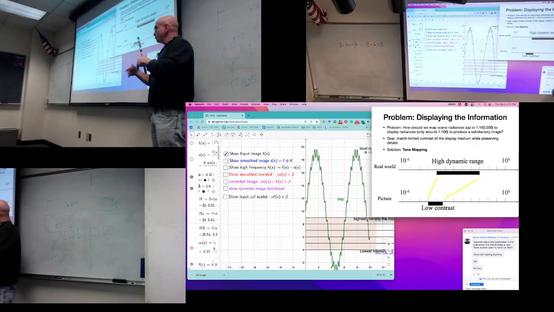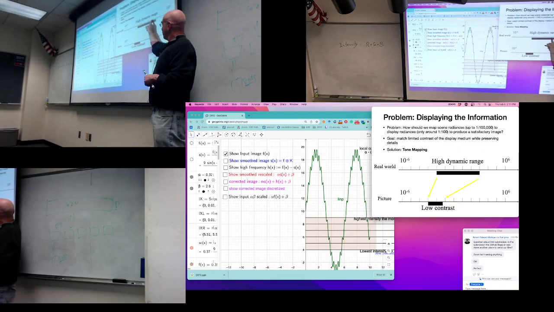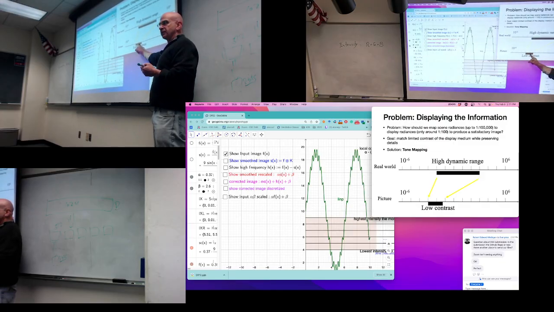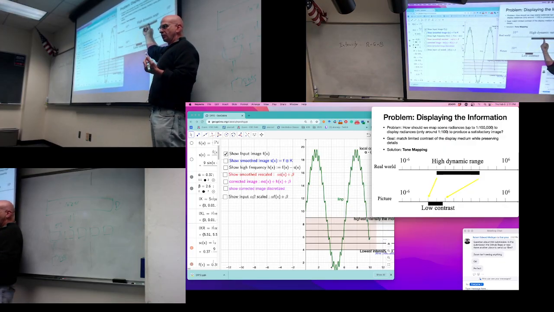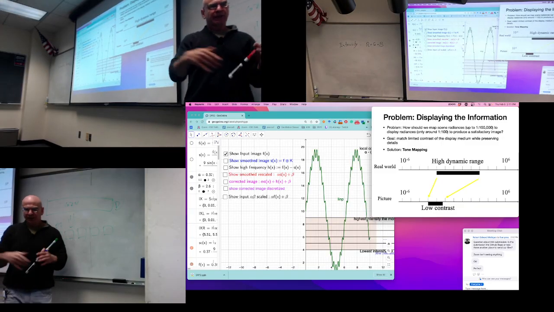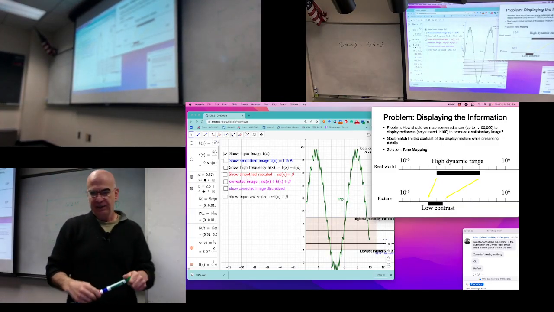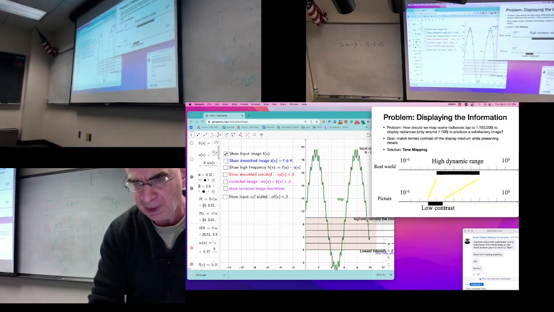We are going to change the intensity of each pixel to find a way to map the intensity from every point here to some point here. And of course, it should be monotonic. If it's brighter in the original image in the world, it should be brighter on my monitor or just stay the same. Don't get brighter, but don't get any dimmer. The question is how to map one to another.